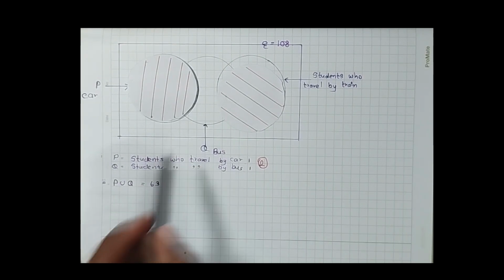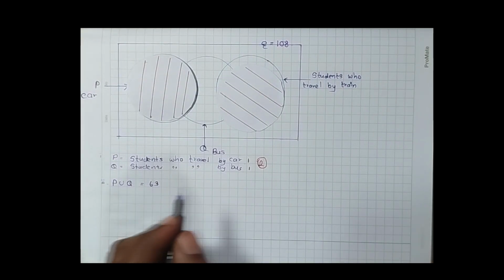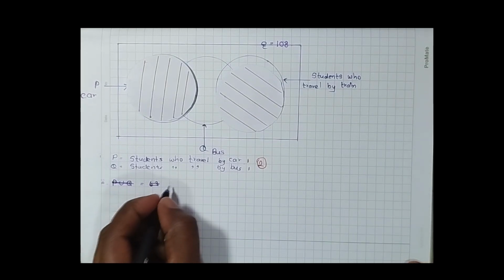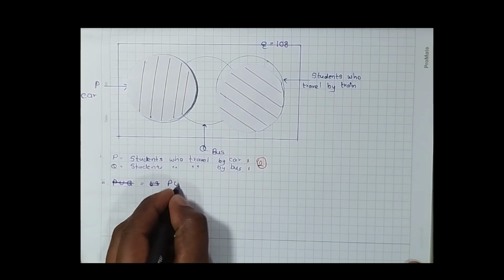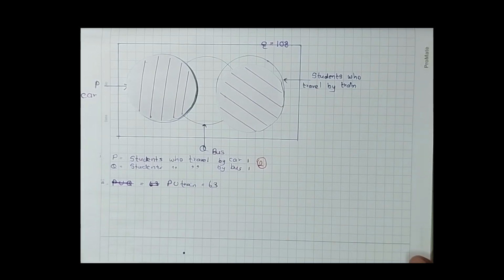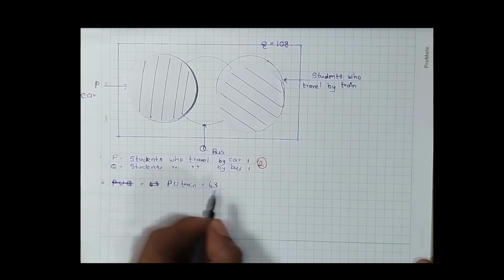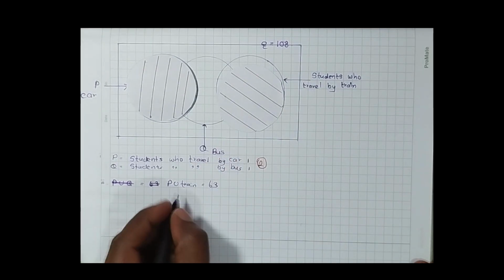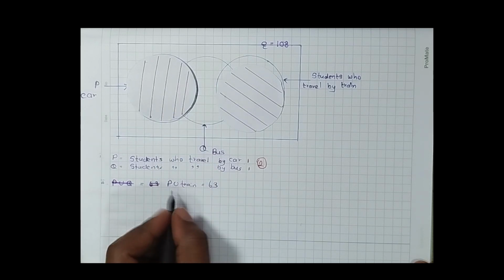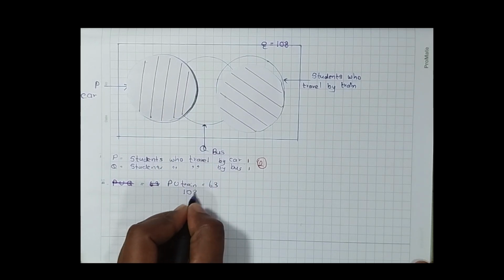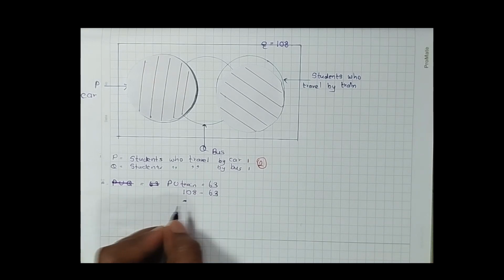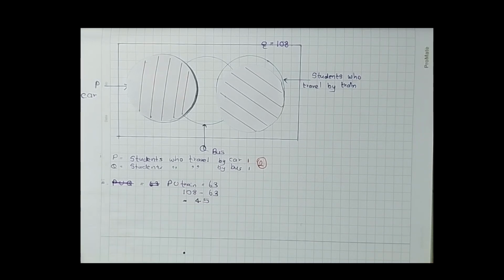To find this, car or train is 63. Then you have to subtract it from the total number of students to find only bus. 108 minus 63, you will get 45.